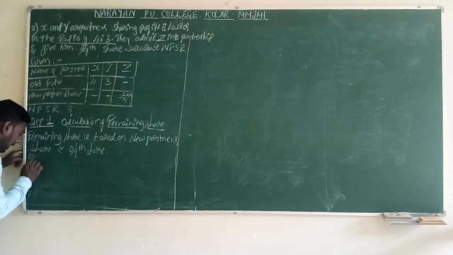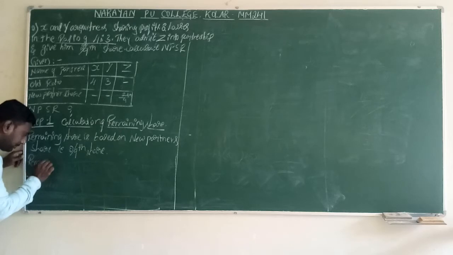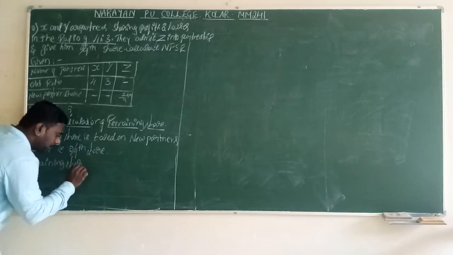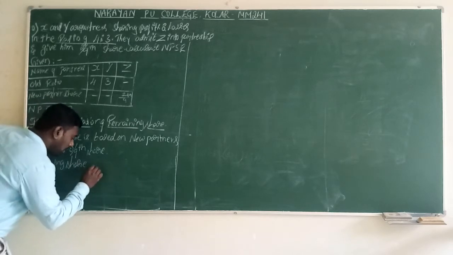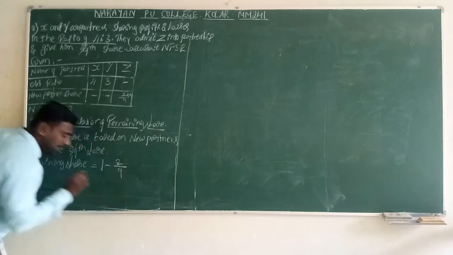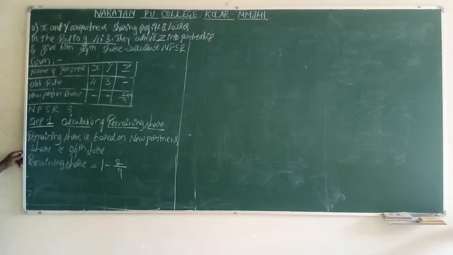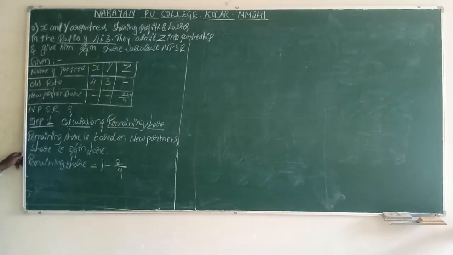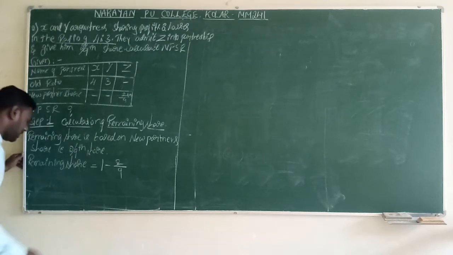Therefore, remaining share is equal to 1 minus 2 divided by 9. Now we have to deduct this value from the denominator, and we take it as a particular fraction that will be considered as the remaining share.